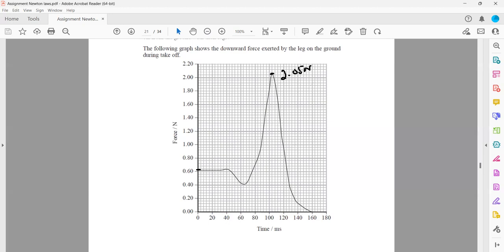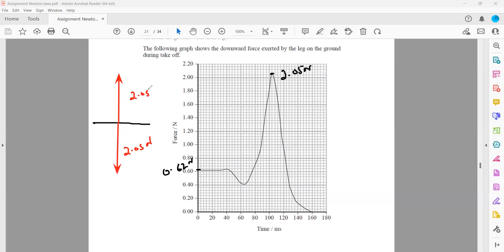So this one is 2.05 and the weight, say we took as 0.61 or 0.62 because it's not exactly 0.60. So I took it as 0.6. So what happened? The bird is pushing by a force of 2.05 Newton downward. So there will be a force of 2.05 Newton upward.